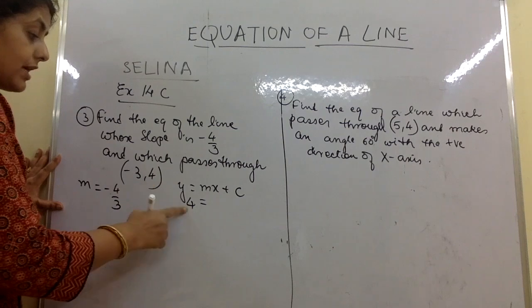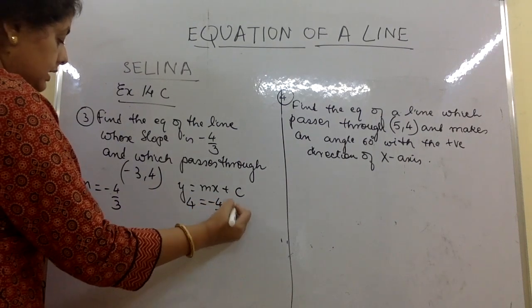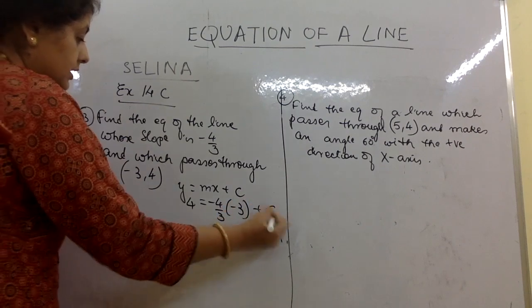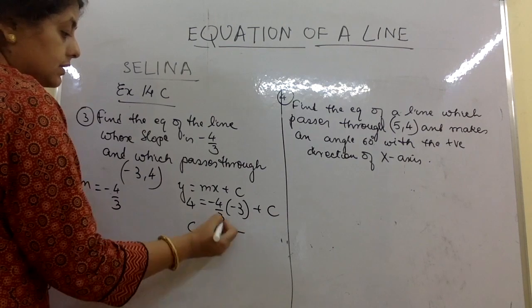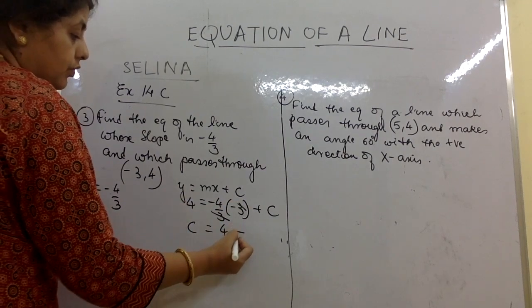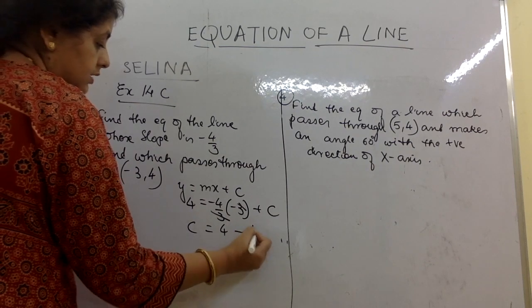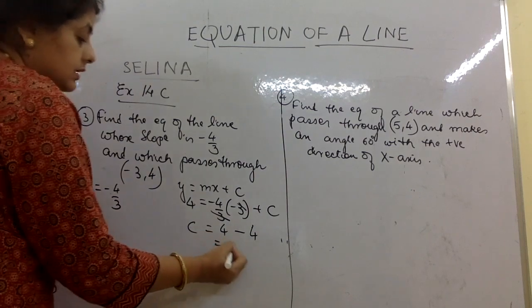So in place of y I am putting the 4, m is -4/3, x is -3, plus c. So c is 4 minus 4, because minus into minus is a plus here. So c is 0.